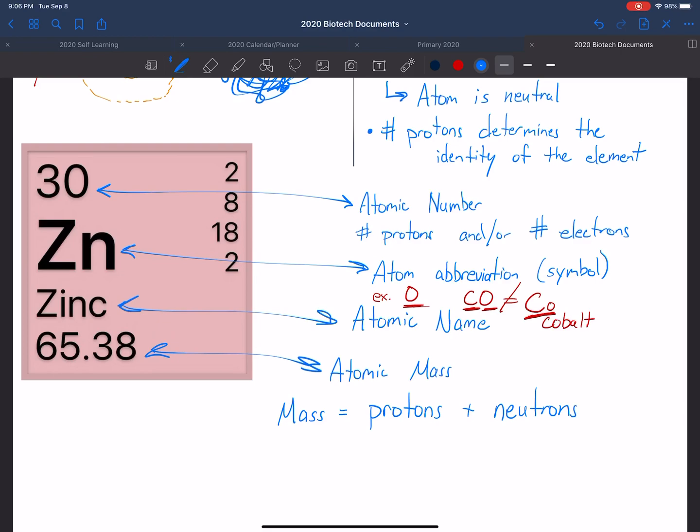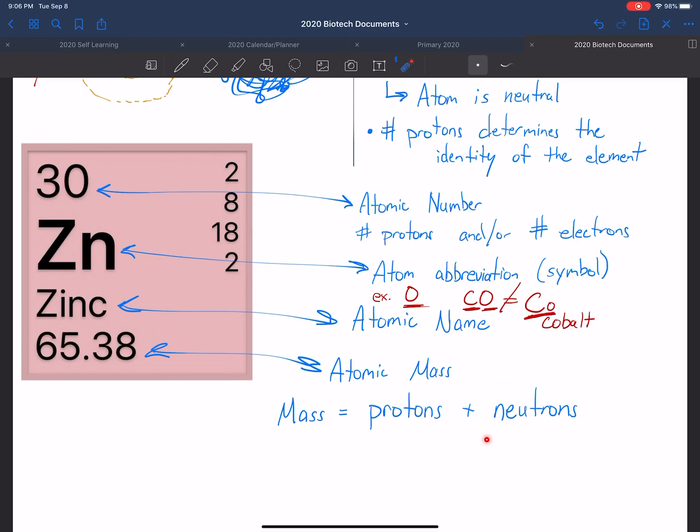So that's a total here. So from just the periodic table and the element here, you can get all of the information. The atomic number tells us that there are 30 protons and 30 electrons. And then the only piece of information that we're missing is our neutrons down here.